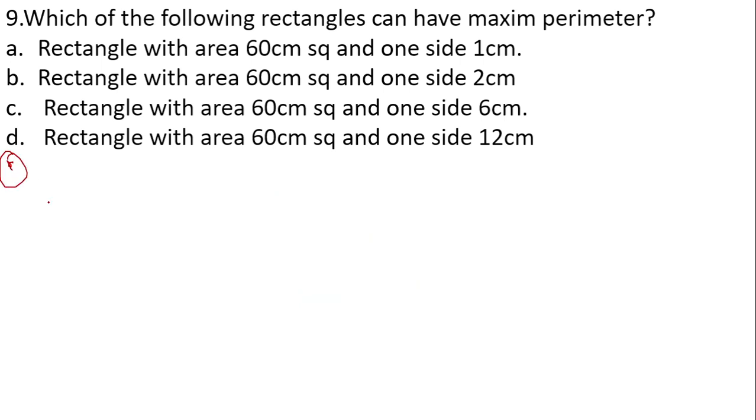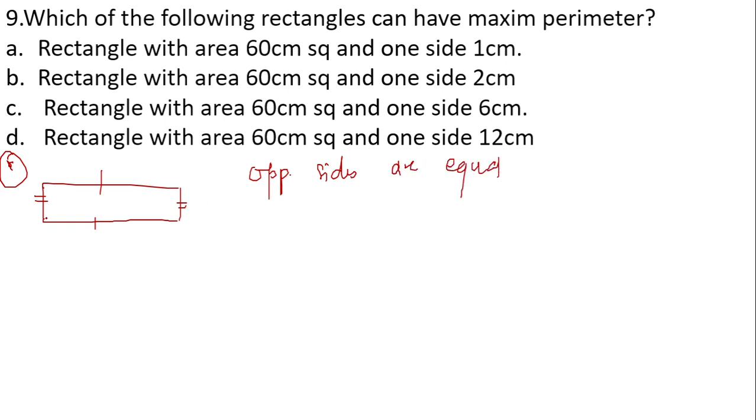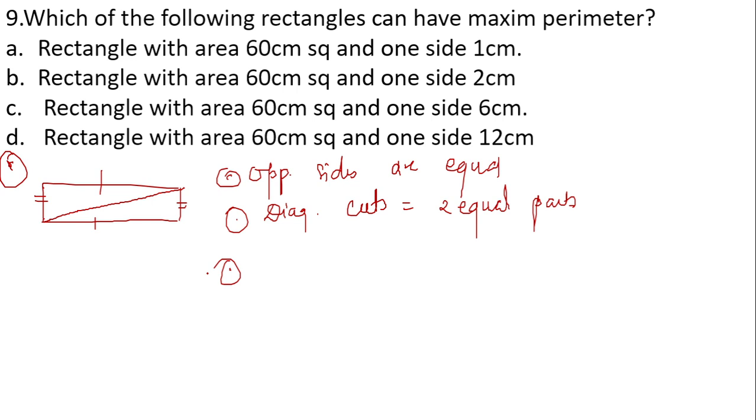Next shape is the rectangle. In case of rectangle, opposite sides are equal. Second thing is that whenever we talk about the diagonal of any rectangle, the diagonal divides the rectangle into 2 equal parts.